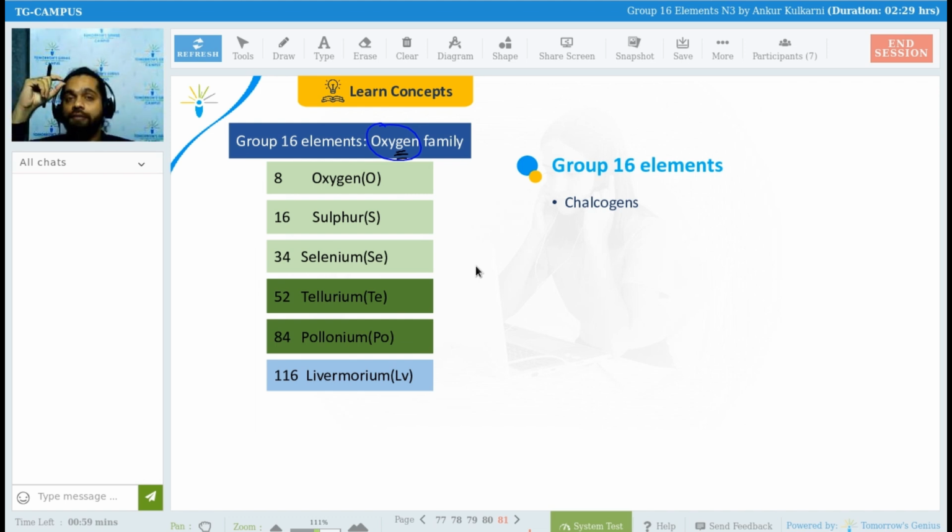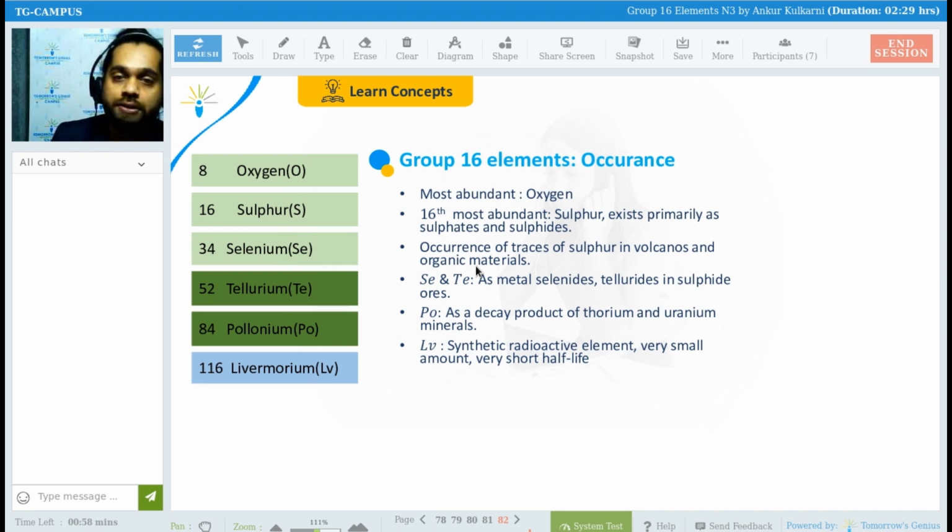Whatever the first element is, we give that group the name. So group 16 is also called the oxygen family. And remember this name, chalcogens. Group 16 elements are also called chalcogens. Write it down somewhere.